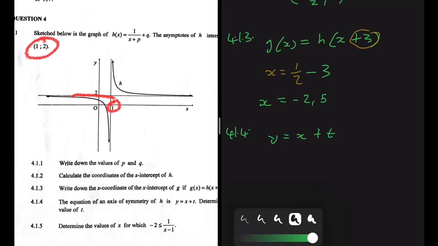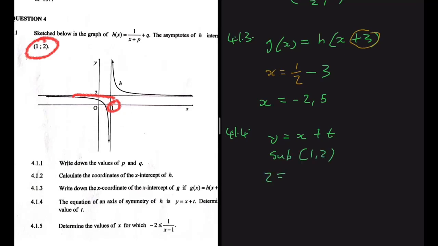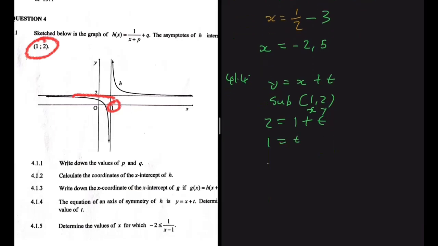That's the point you substitute if you want to find the equation of the axis of symmetry. So if we substitute that point, we're going to get 2 being equal to 1 plus t, so 2 for the y and 1 for x. So we're going to get 1 is equal to t. So the axis of symmetry is y is equal to x plus 1, and we were just asked to find t, and there we have t. So I think we're good to go.